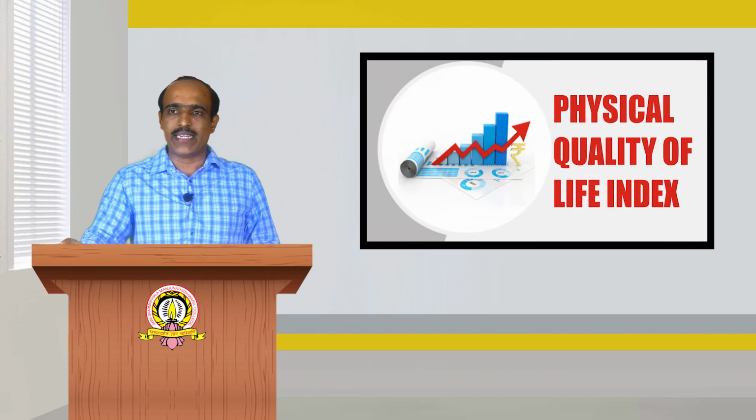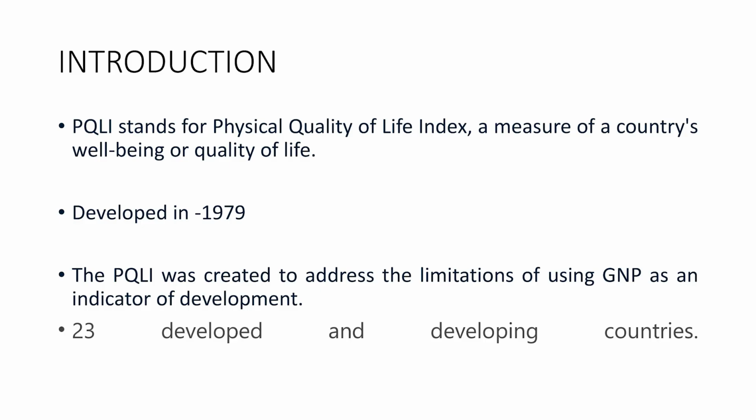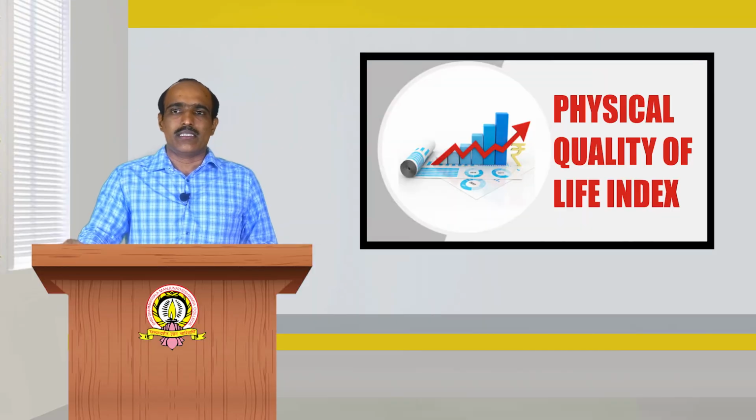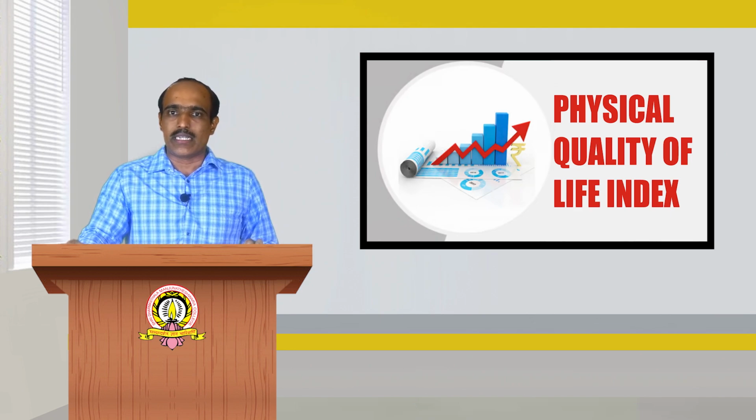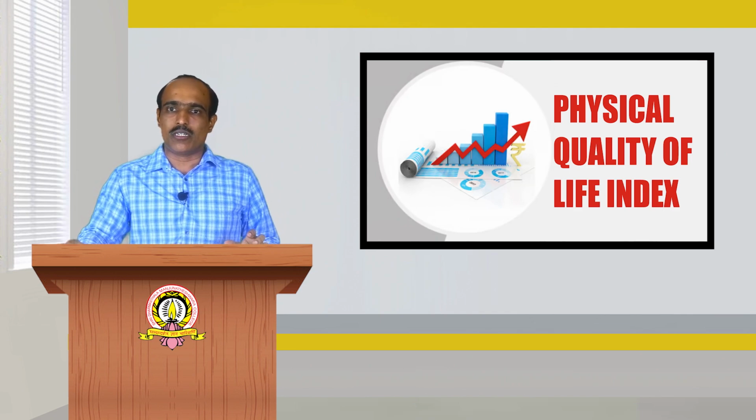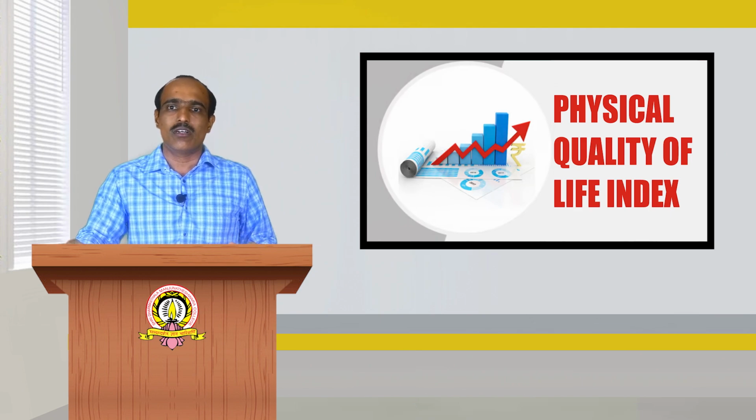It was developed in 1979, and PQLI was created to address the limitations of GNP or GDP as an indicator of development. David Morris developed this indicator for 23 developed and developing countries, which means that initially he had taken 23 countries, and its database has been considered for measuring economic development.